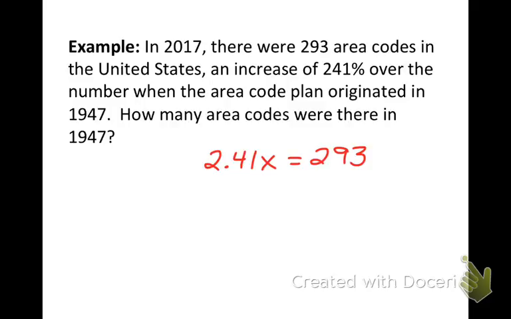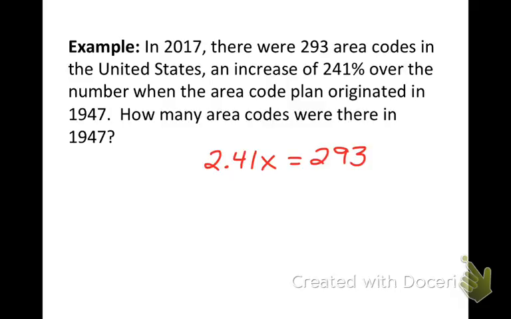That would get you just a percentage of some number. Let's first think about what x represents. What does x represent? Area codes that were there in 1947, right? So x represents your area codes that were there. I'm getting an increase. So that means I probably should have what type of operation in my equation?